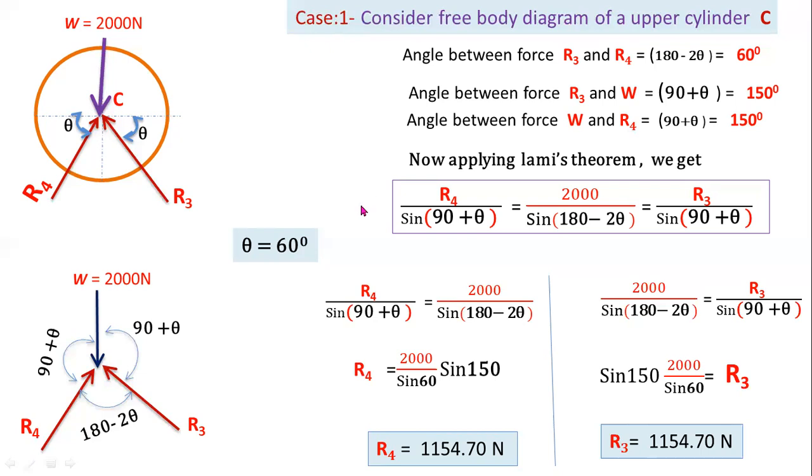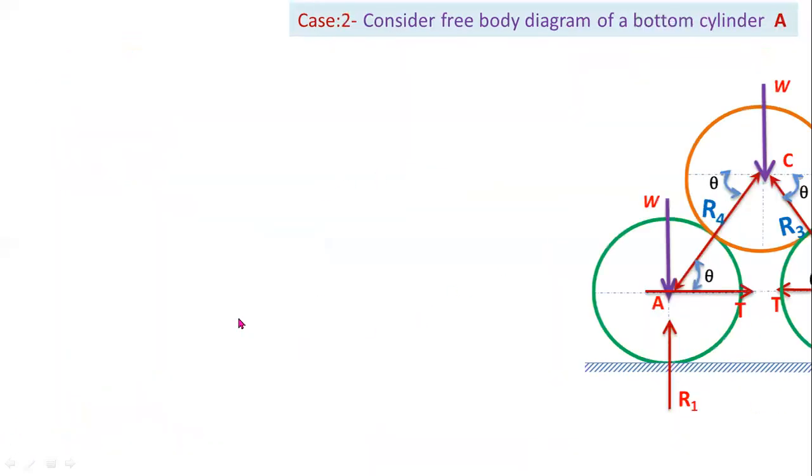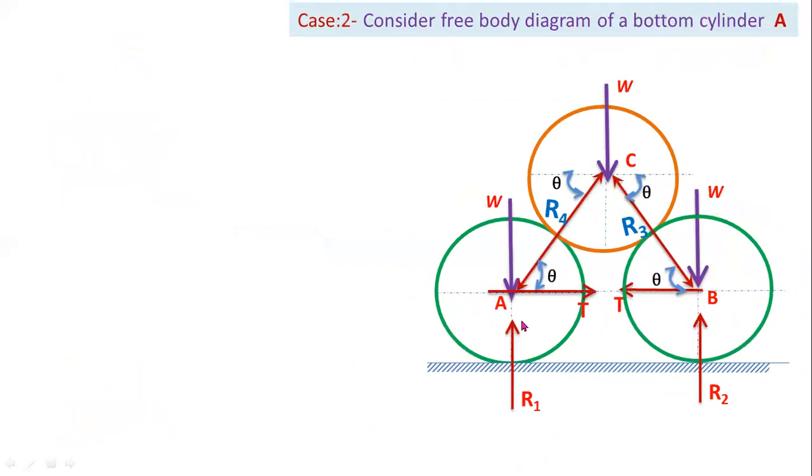From this case, from the top cylinder, we got two reaction forces R3 and R4. Now consider the free body diagram of the bottom cylinder A. Here you can observe there are four forces: R1, W, tension T, and R4.